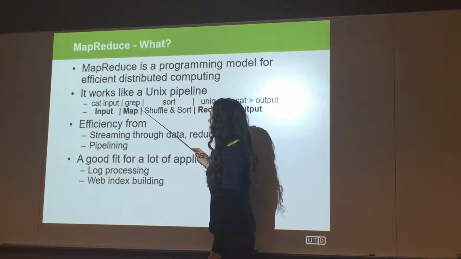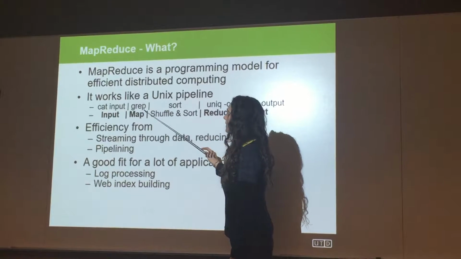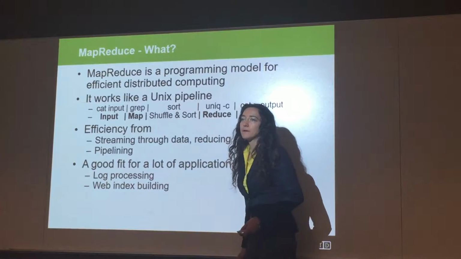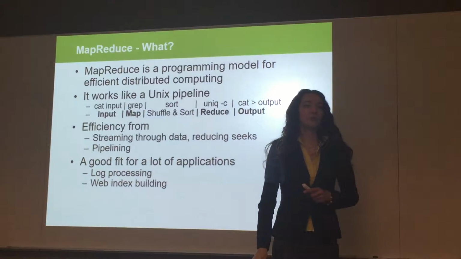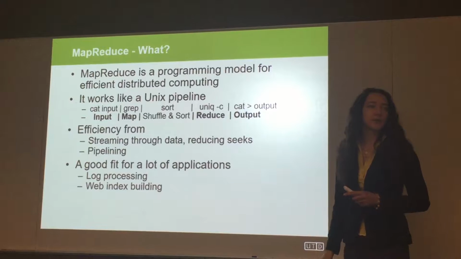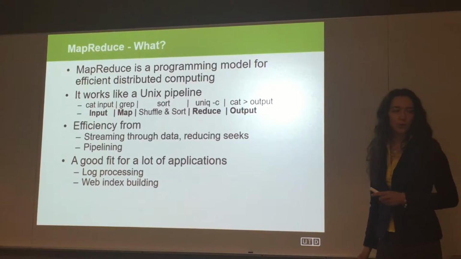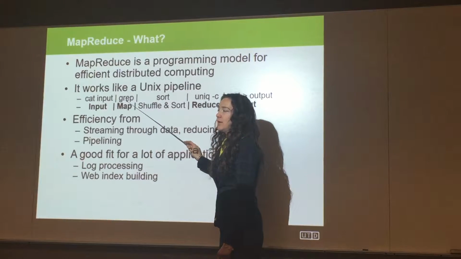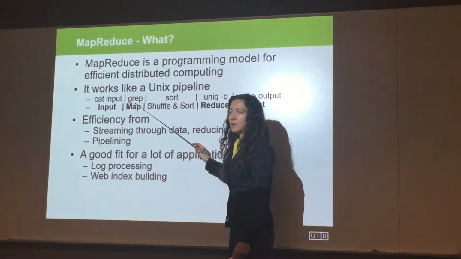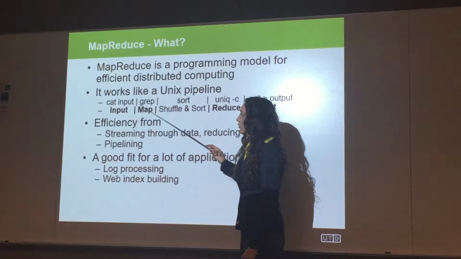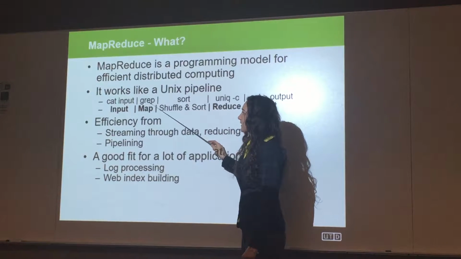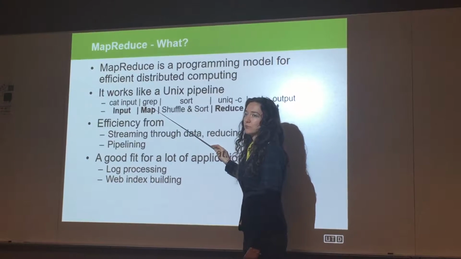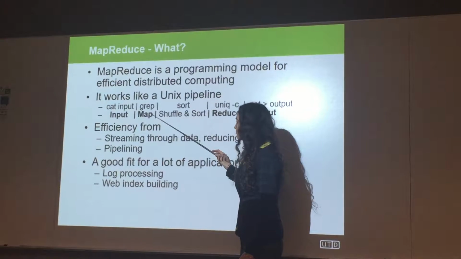grep is a command that we can run for searching through text. Let's say you want to return all the lines of text that contain a particular keyword. So we can run this grep command, and if there is some huge file, then each piece of the file will go into a separate mapper, and the grep will be looking through that part of the file for that keyword.